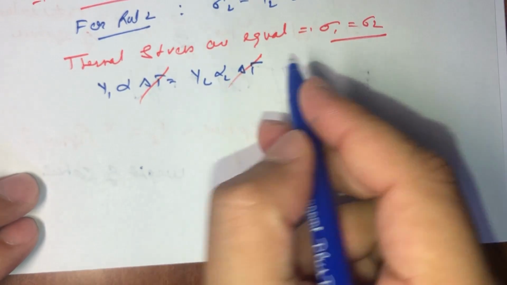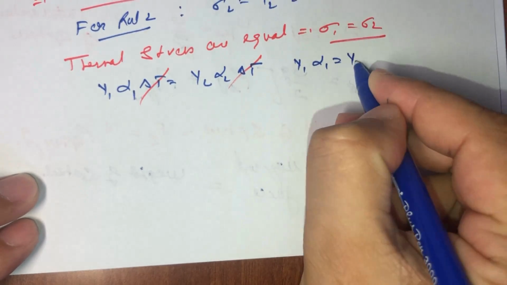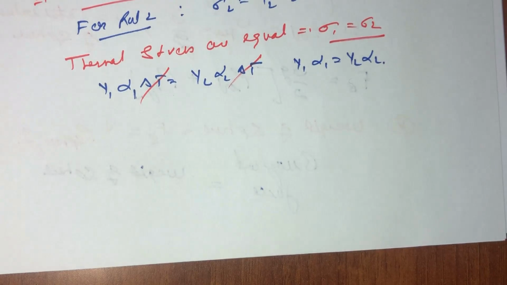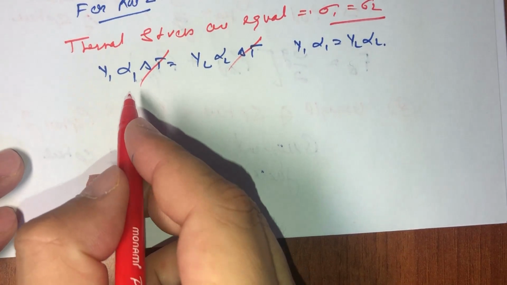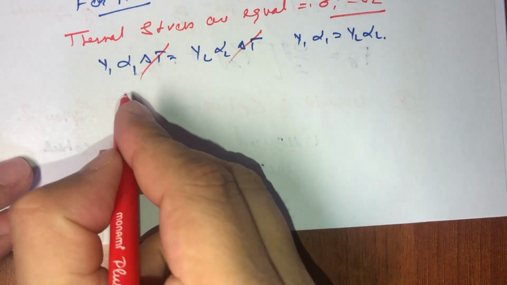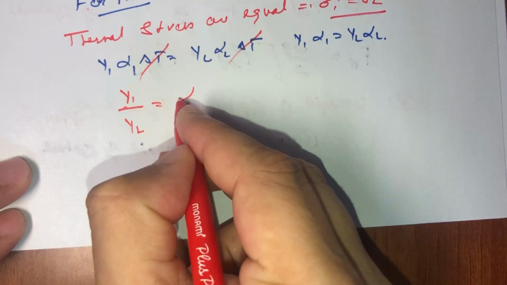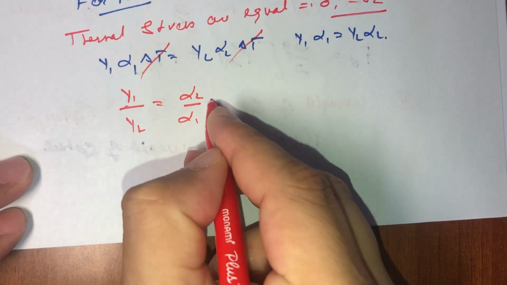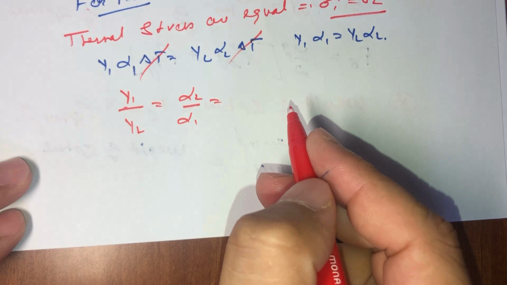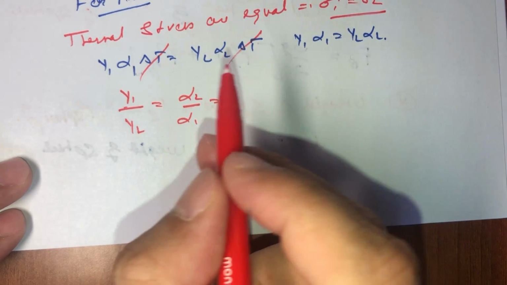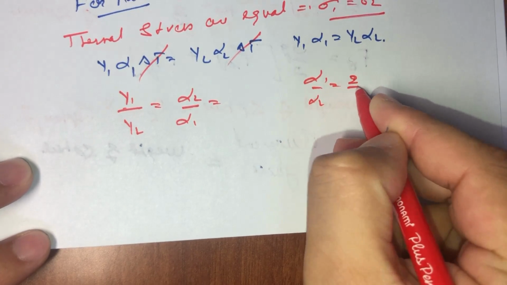So we get y1 alpha 1 is equal to y2 alpha 2, and we are supposed to find out y1 upon y2. So we can say that our y1 upon y2 will be equal to alpha 2 divided by alpha 1, and we are given that alpha 1 to alpha 2 is given as 2 by 3.